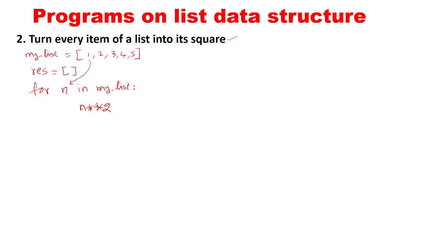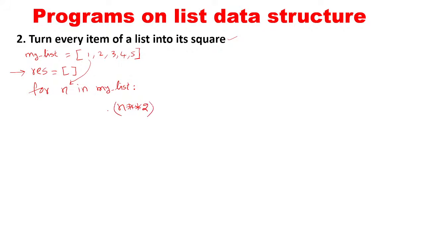Now this n square value you add to the result list. To add a value into the new list, how can you add an element into the list? n multiplied by n, or n star star 2 also you can use.